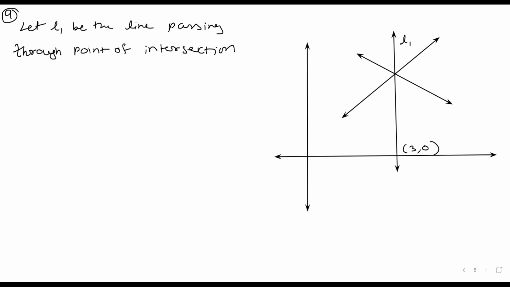The two lines are x plus y minus 2 is equal to 0, and the other line is 2x minus 3y minus 4 is equal to 0. Sorry, plus 4.